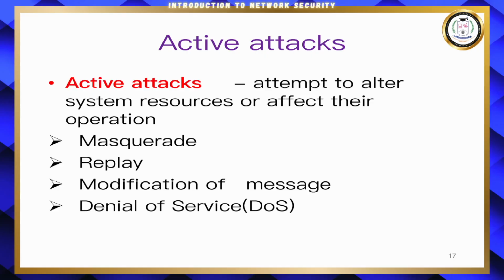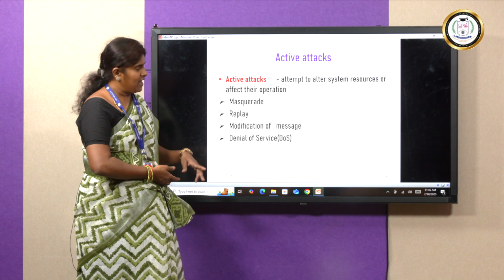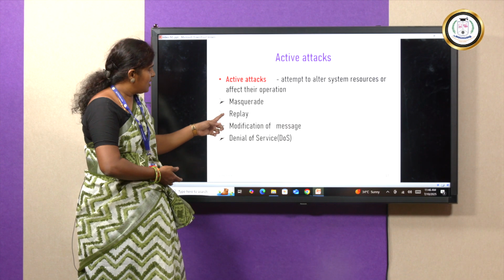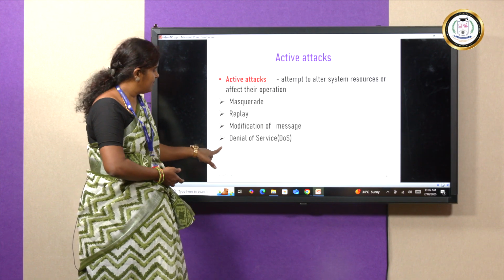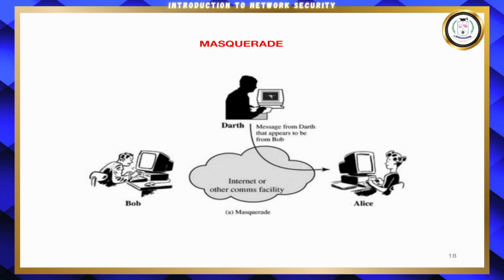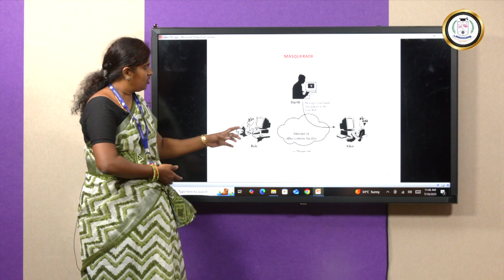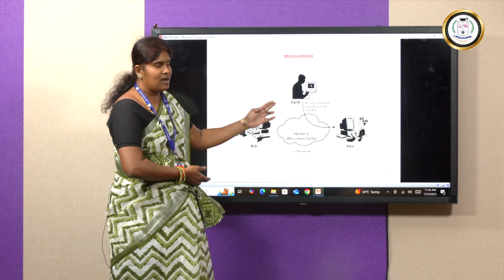Okay. So active attacks is nothing but these are the attacks which will try to alter the resources or modify the content of your data. Okay. So you have four types of active attacks. One is masquerade, replay, modification of message, and then denial of service. So masquerade means here's nothing but just now I said here Bob wants to send a message to Alice. Actually Bob is not sending. So because he knows the person called Dat, he is an attacker.